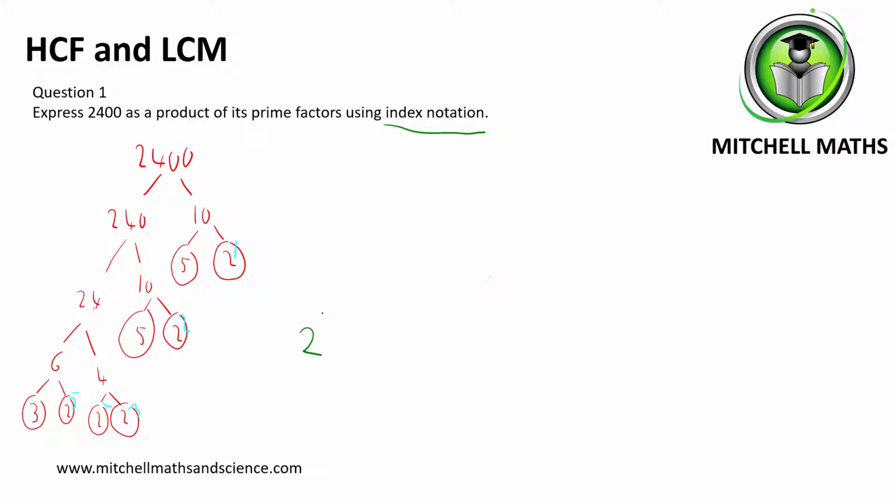I do 2 to the power of 5 multiplied by 3. I've only got a single 3, so the power's just 1, which you don't include. And times by 5, and because I need to multiply by 5 twice, I do times 5 squared. You could even check that on your calculator. If you multiply those together, you will get 2400.